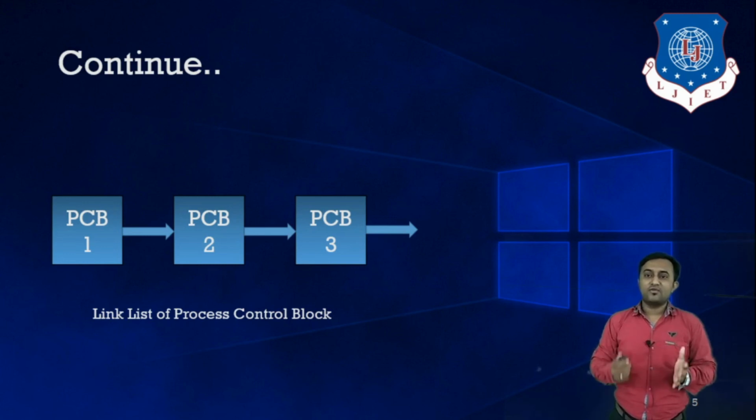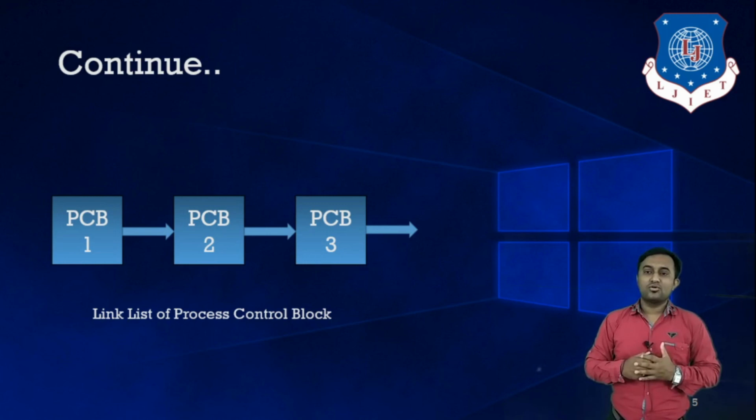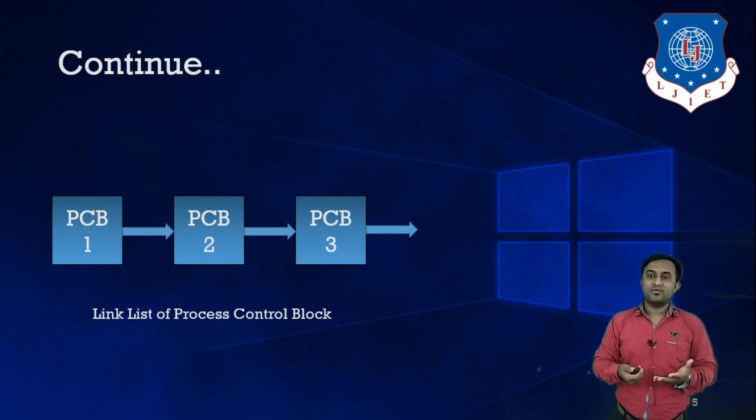If you want to fetch particular information from a particular process, we can easily reach that process once it is stored as a linked list. So we can easily fetch whatever information we require, and according to that, we can take an appropriate decision in the CPU. Okay, so this is all about the process control block.